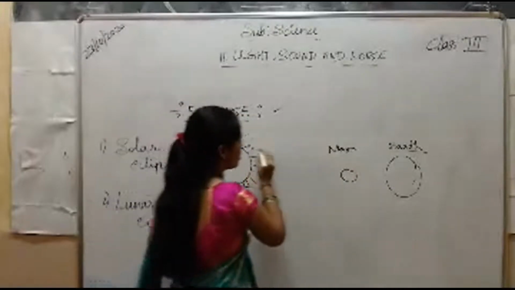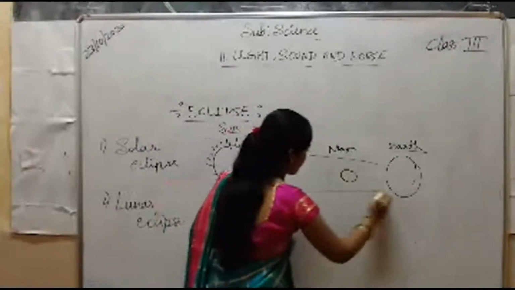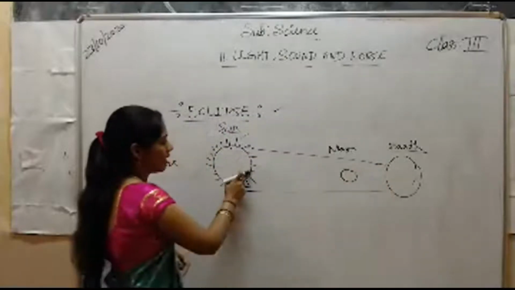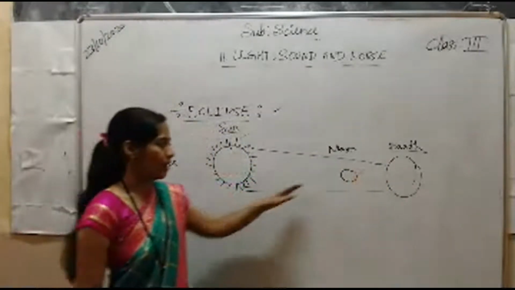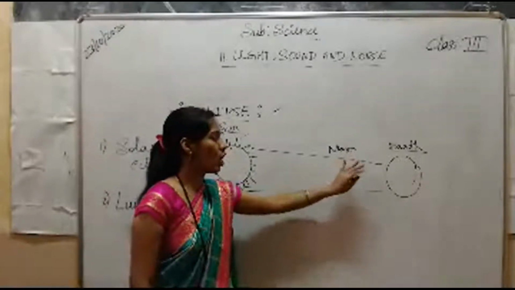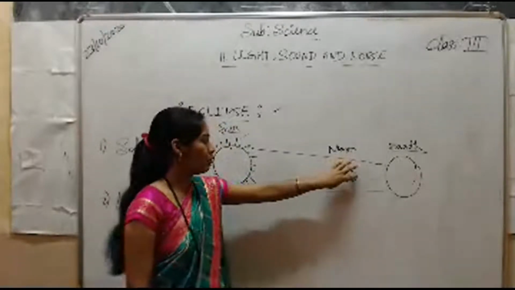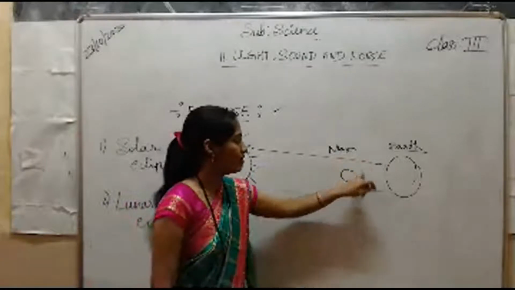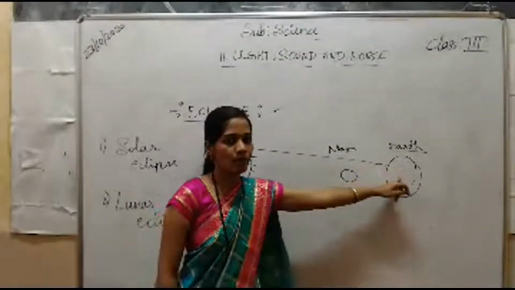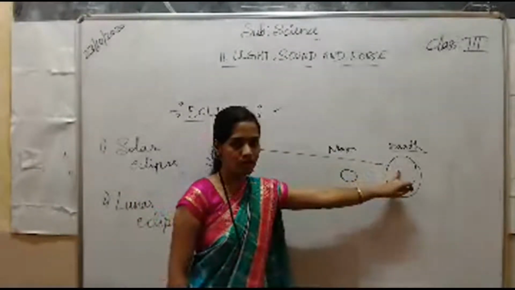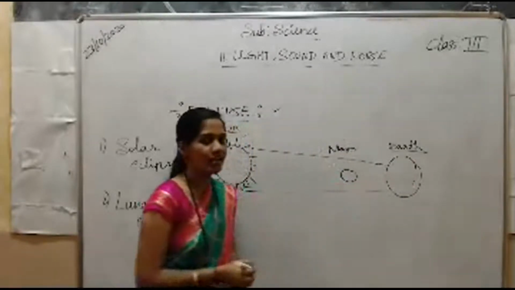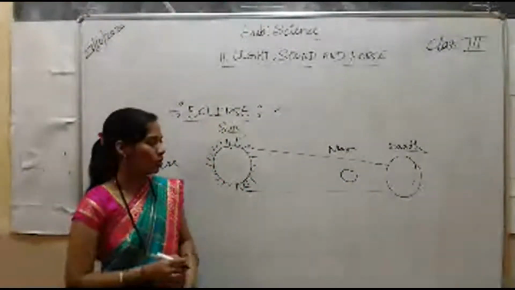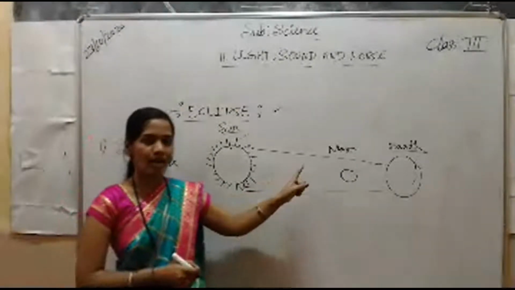This is the sunlight, and the sunlight travels in a straight line. When the moon enters and blocks the sunlight, its shadow falls on the earth. We can see the shadow from the earth. This is called a solar eclipse.